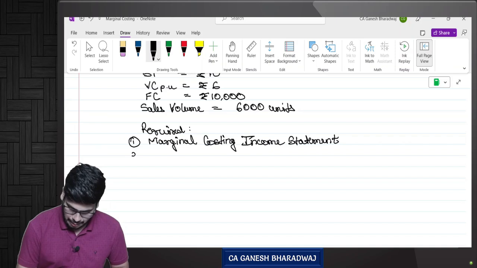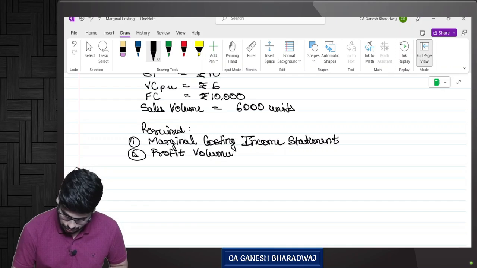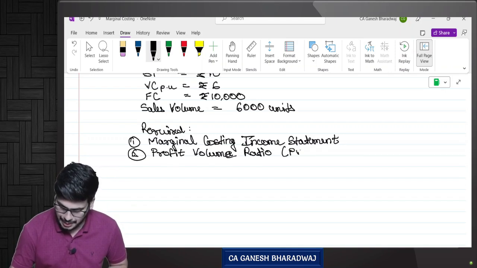Then number two, profit volume ratio, popularly known as PVR.